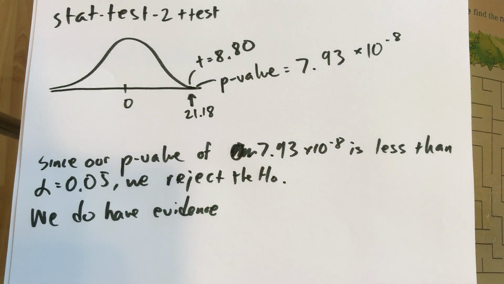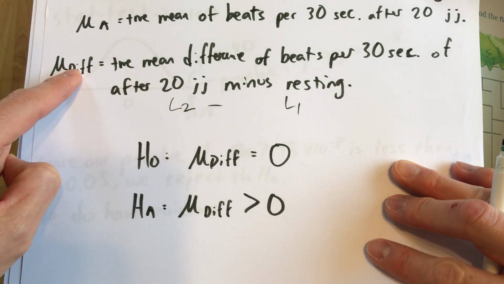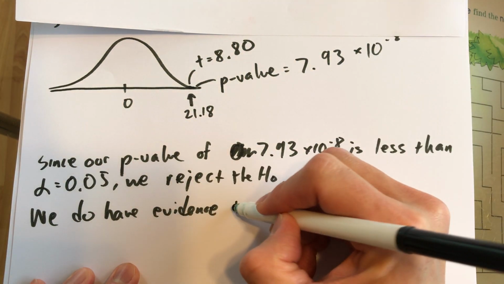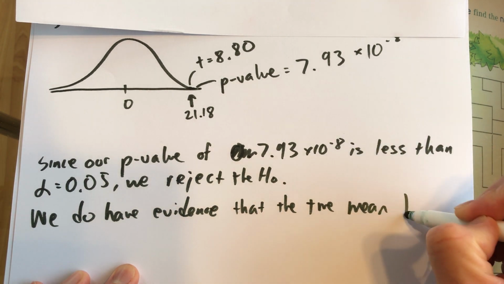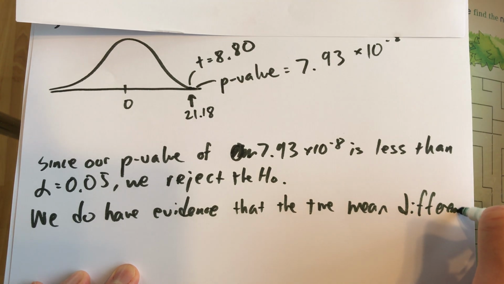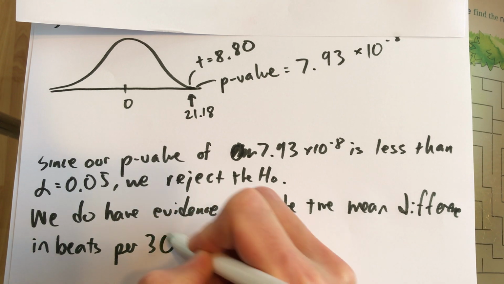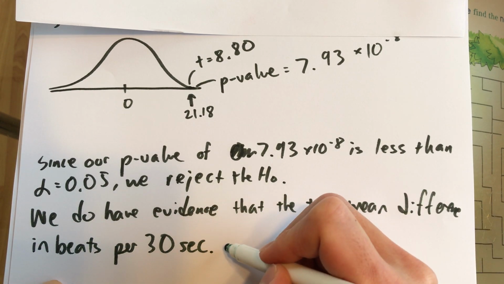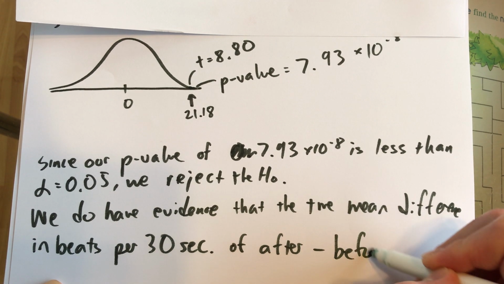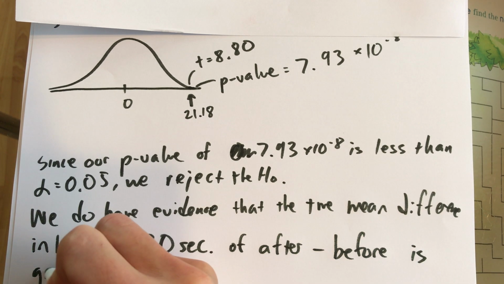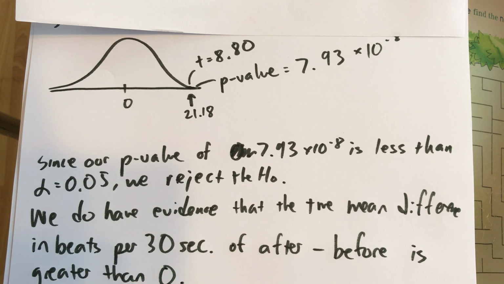Now I'm basically going to copy this statement right here. Do have evidence that the true mean difference in beats per 30 seconds of after minus before is greater than 0. Okay?